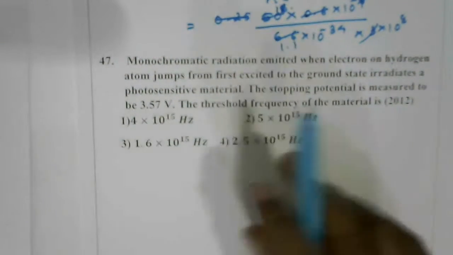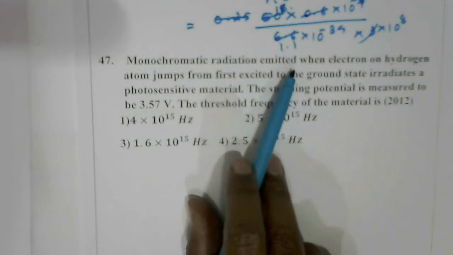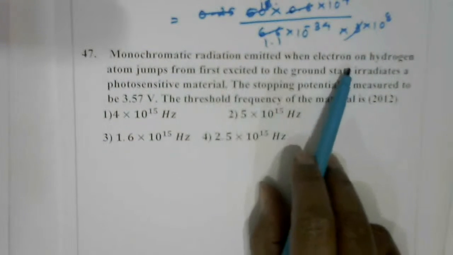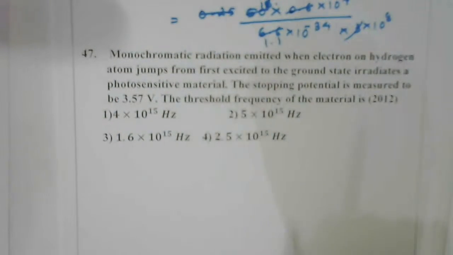So next question is: monochromatic radiation emitted when electron of hydrogen atom jumps from first excited state. Read the question. Try this. If you have tried, tell me in words how you are linking.